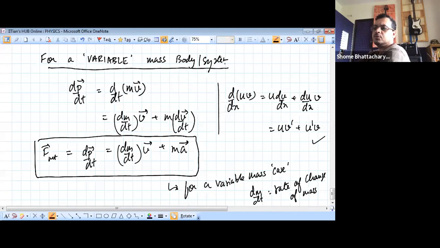That's another example of a variable mass system. Or a conveyor belt in industry. As the belt is moving, mass is constantly added to it. This mass is increasing with time. We can have both kinds of situations, where mass is increasing with time or where mass is decreasing or depleting with time.